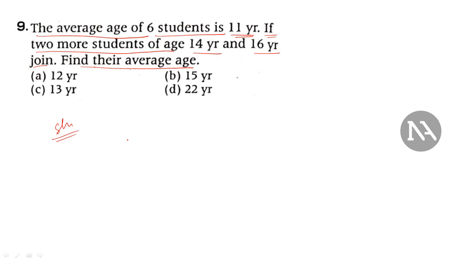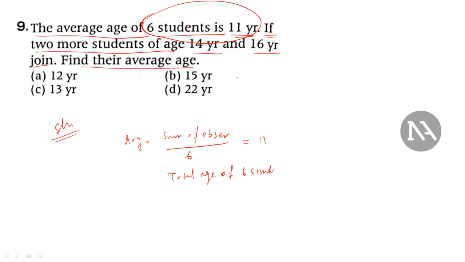So first we will find the total age of the first 6 students. Average is equal to sum of observations divided by number of observations, which is 6. So here average is 11. So total age of 6 students is equal to 11 into 6, that is 66.